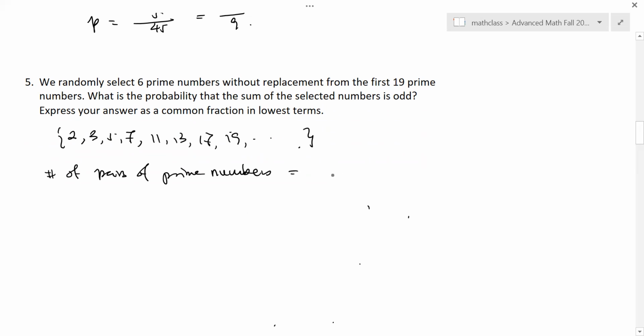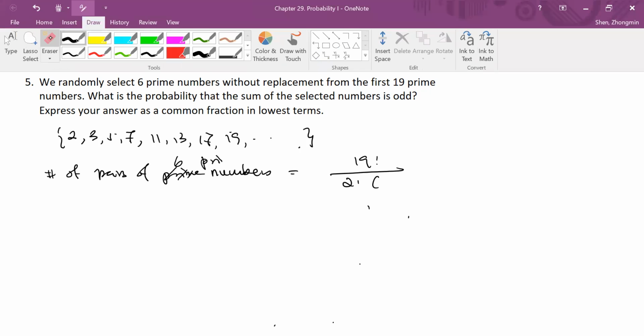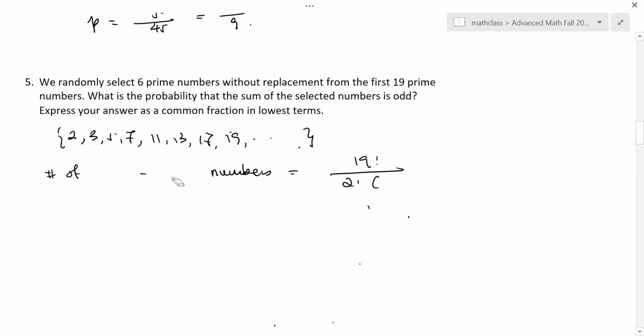The total is 19 choose 6, we're going to pick 6 prime numbers. Let me erase this. Yeah, 6 prime numbers, that will be 19 factorial over 6 factorial times (19 minus 6) factorial, right?